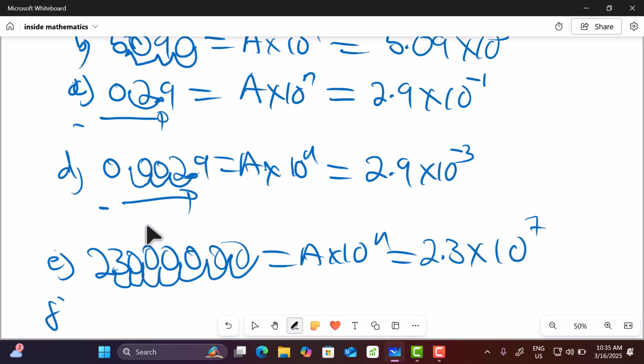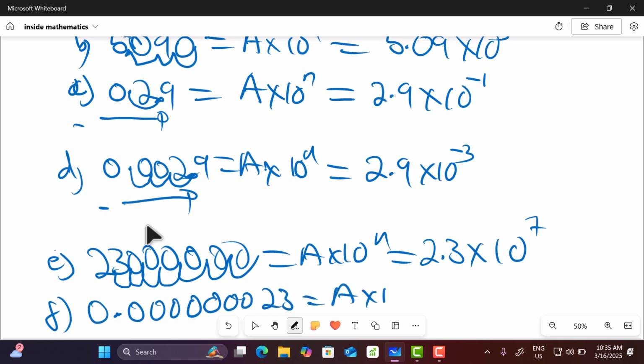And vice versa is true if it is 0.000000023. In the form of a times 10 power n, we just count the decimal places 1, 2, 3, 4, 5, 6, 7, 8. So here it will be 2.3 times 10 power negative 8.